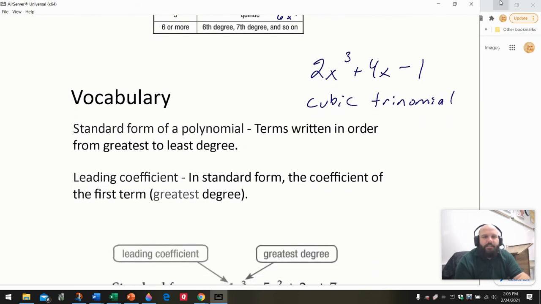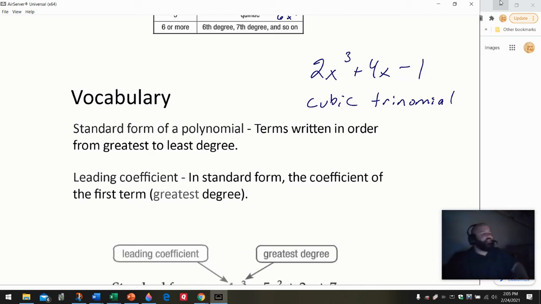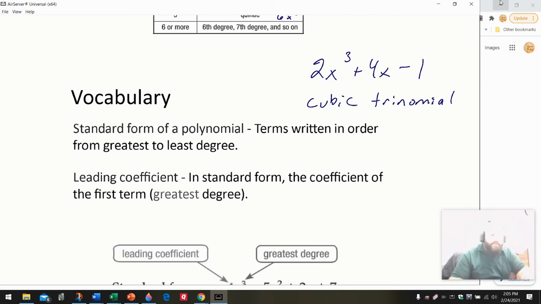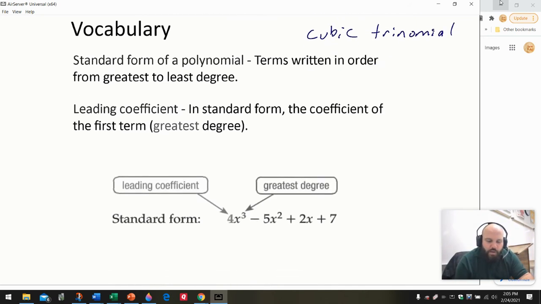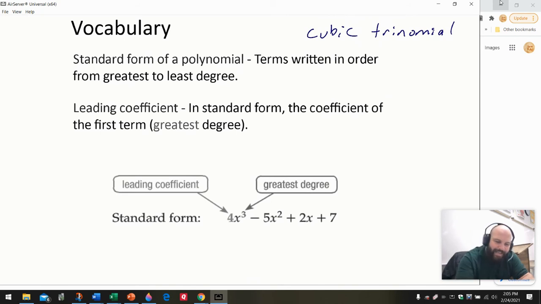And it says vocabulary: standard form of a polynomial is terms written in order from greatest to least. Another procedural thing that you'll see a lot as we begin to work with these algebraic expressions is that when they are written in the correct order, we always want to write them so we have the highest power first, and then they subsequently get lower.